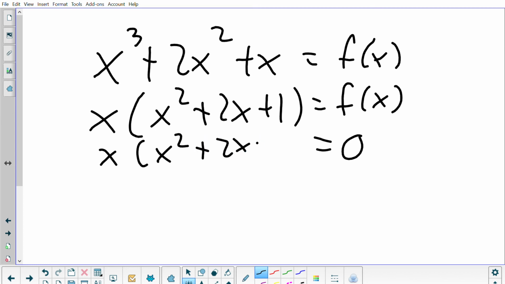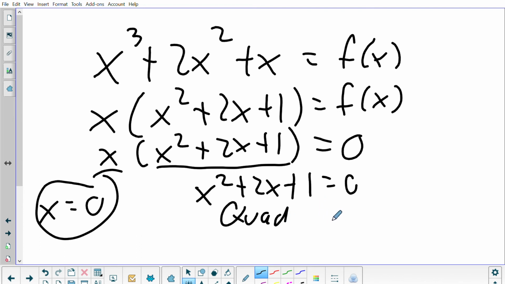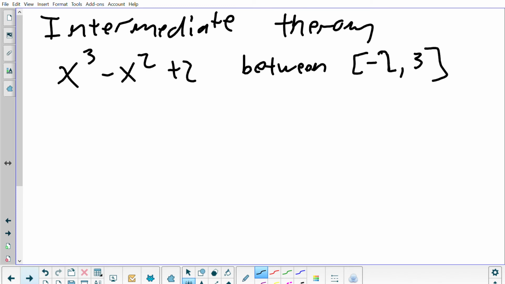So now that I have two sets of terms, x and everything inside the parentheses, I set each one equal to 0. So x is equal to 0, and x squared plus 2x plus 1 is equal to 0. Then I would use the quadratic on this and figure out what it is. My quadratic should give me 2 answers, and this is my other one, giving me a total of 3 possible answers. Okay?